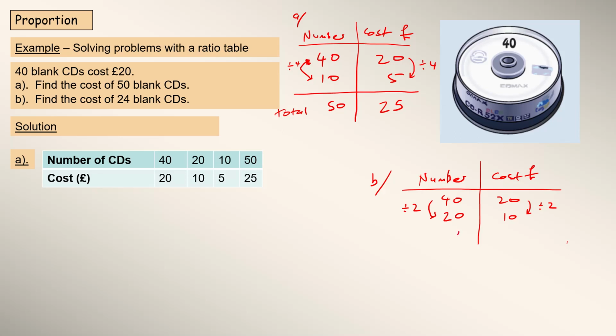I need an extra 4 as well. To go from 40 to 4, I've got to divide by 10. So I've got to do the same thing here. 20 divided by 10 is 2. So I can do my total based on the 20 and the 10. So 20 plus 4 is 24. And 10 plus 2 is £12.